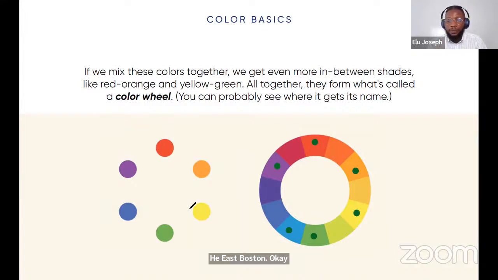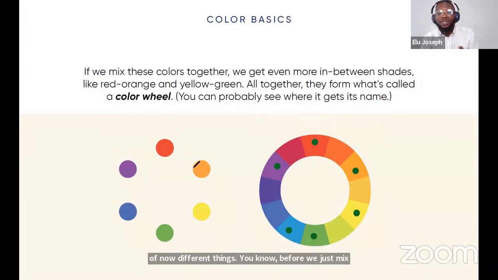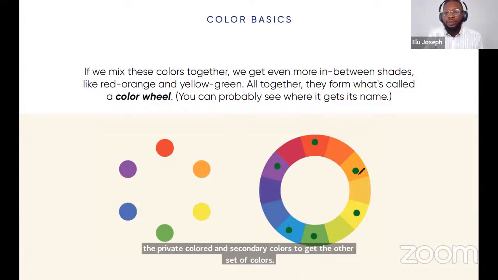Now, how do we get these other colors? Because red and orange, that's mixing each of these colors now differently. Before we just mixed the primary colors to get secondary. Now we're mixing the primary colors and secondary colors to get the other set of colors. So we mix red and orange, gives us a reddish orange.